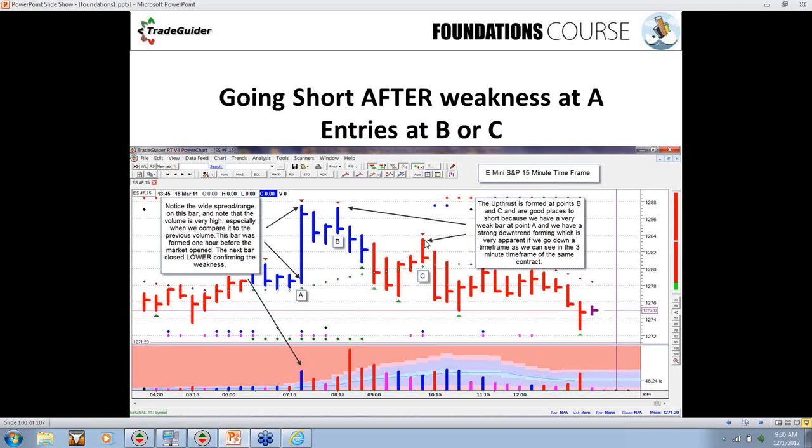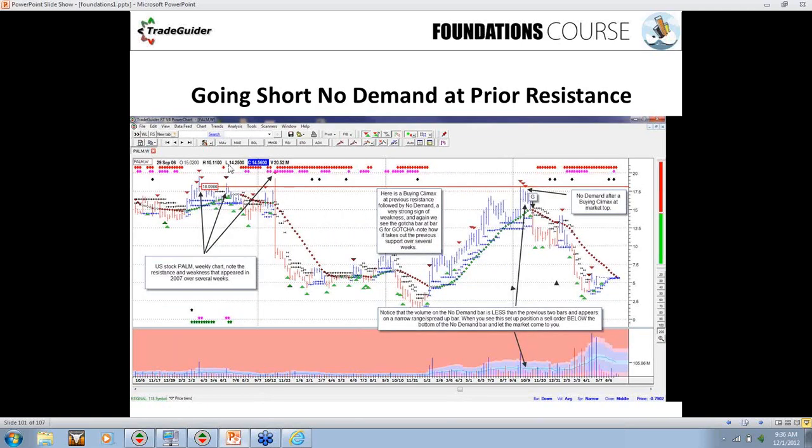Another example, you mark resistance at a previous level where the price has refused to go up. Suddenly, the price goes up and hits it, and you get a series of red indicators in the software. That's what we call a sequence, which is in my second book. That is a sign to go short because you've got a clear resistance level to the left.